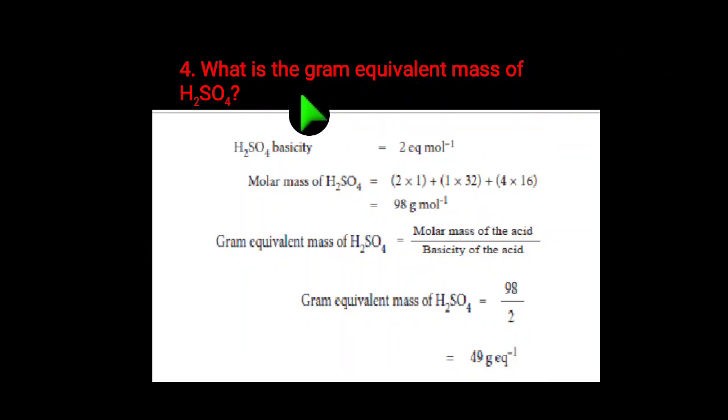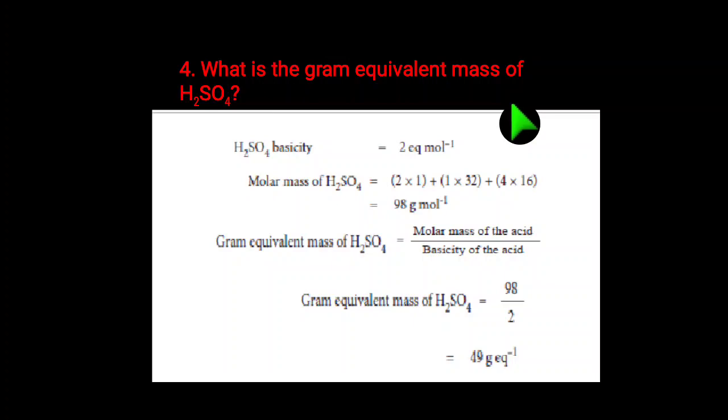Okay, another type of question. What is the gram equivalent mass of sulfuric acid? King of chemicals, sulfuric acid. In this question, the equation is not given, only the acid alone is given.